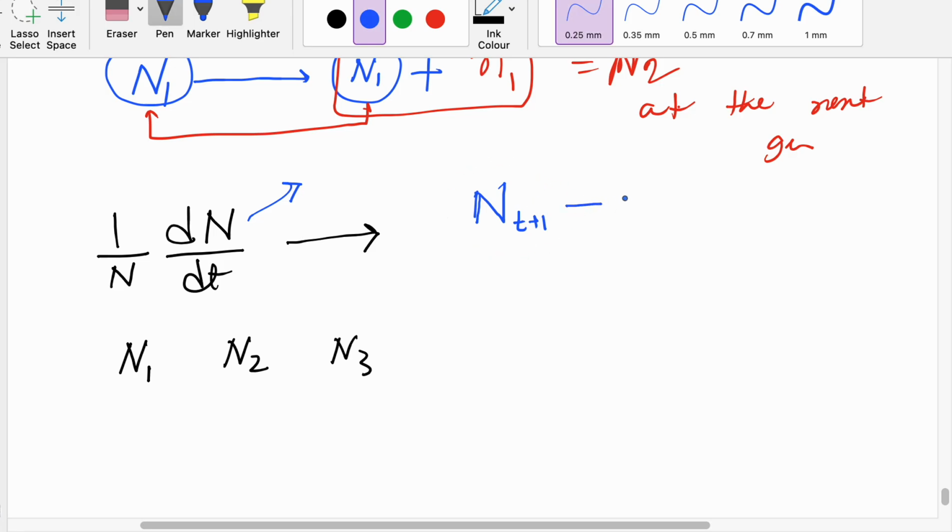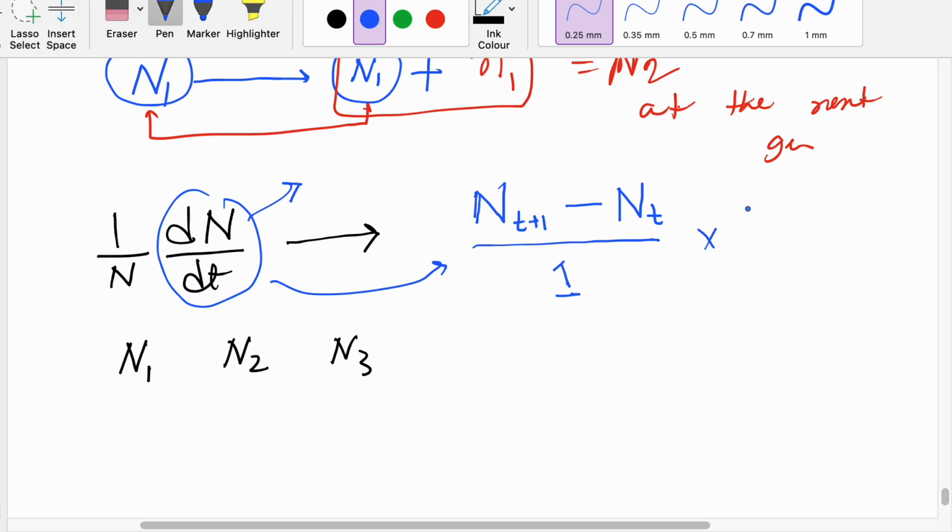What was the number at the tth generation? That is N(t), and what amount of time is required for this? This requires 1 generation. So this is the rate of change of individuals per generation.